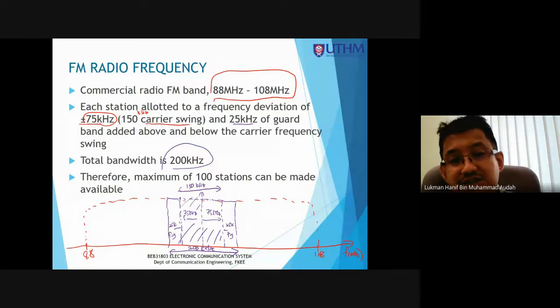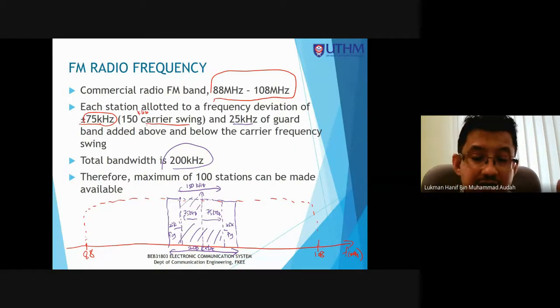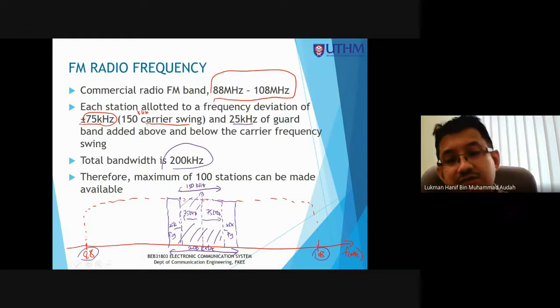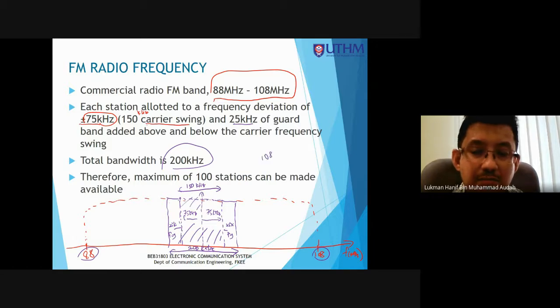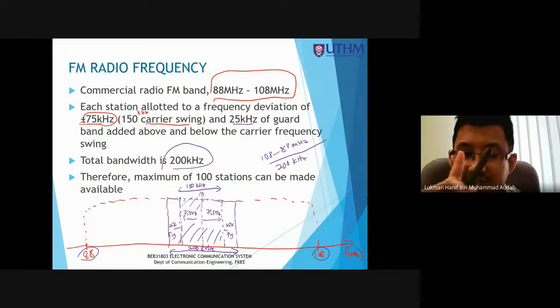So how many stations can we allocate, or how many channels can we allocate in this bandwidth from 88 until 108? Berapa banyak? So therefore, we can allocate the number of stations or number of channels equal to 108 minus 88 megahertz divided by 200 kilohertz for one channel.